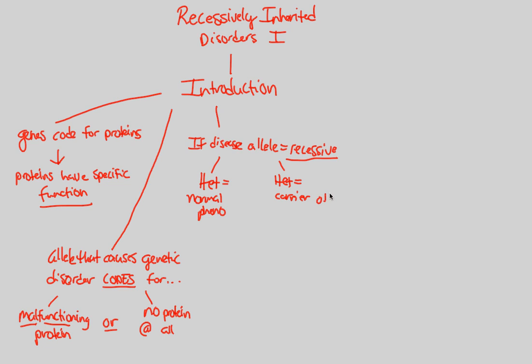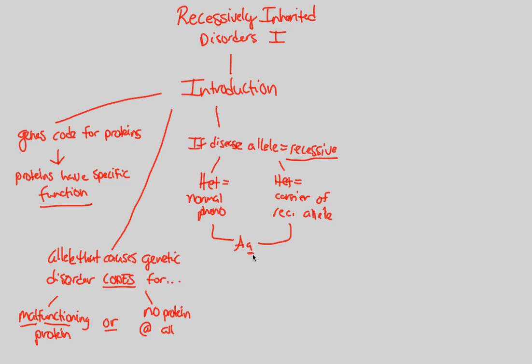They are a carrier of the recessive allele, so REC for recessive allele. This is an important distinction to understand that the normal phenotype, which would show up as something like, let's say, big A, little a, will also include the fact that this person is a carrier for this recessive allele.